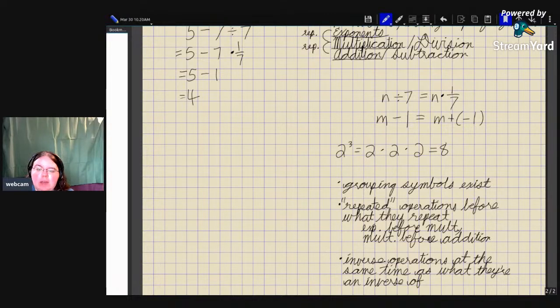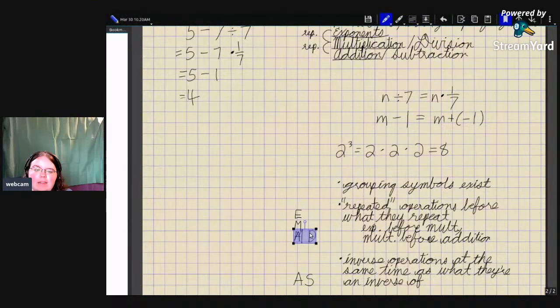So if we put inverse operations at the same time as what they're an inverse of, multiplication and division are inevitably together, as are addition and subtraction. Then if repeated operations come before what they repeat, that gives us exponents, multiplication, and addition.